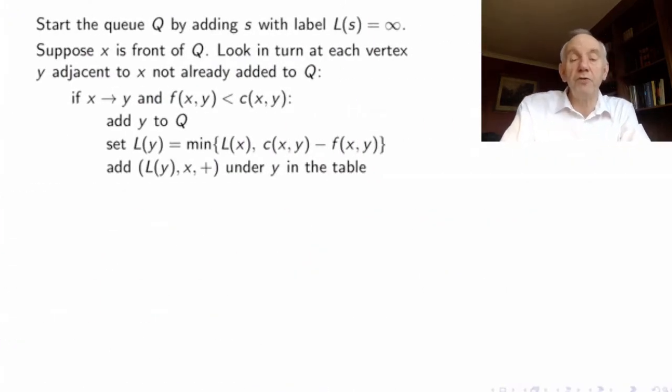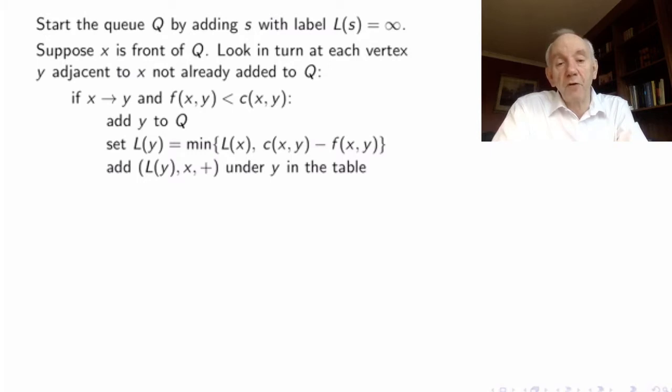Now I'm going to go through the pseudocode for doing this algorithm, and then we'll see a much more complicated example, relative to the first lecture, of how you use this algorithm. You might not follow all the details on this slide, but you can follow the example, and then go back and look at these details.